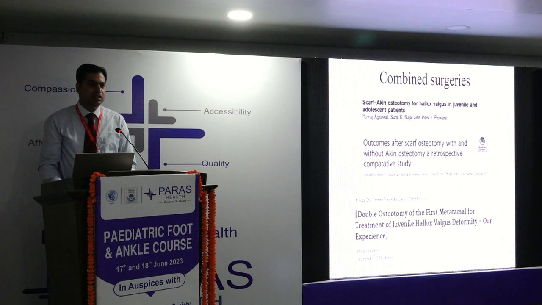So as we can see, these isolated procedures are not self-sufficient, and they take care of only a part of the problem. So they are very commonly used in combinations as per the case scenario.